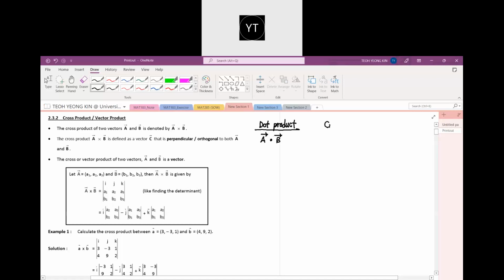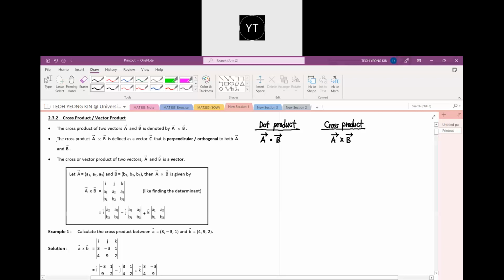For the cross product, jika untuk cross product pula, we'll use the symbol of multiplication. So this is the cross product of vector A and vector B. This is dot product, this is cross product. Ini perbezaan dia.